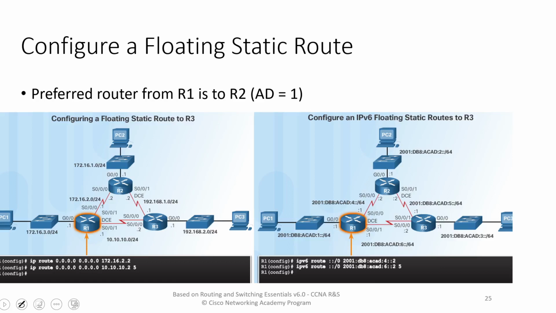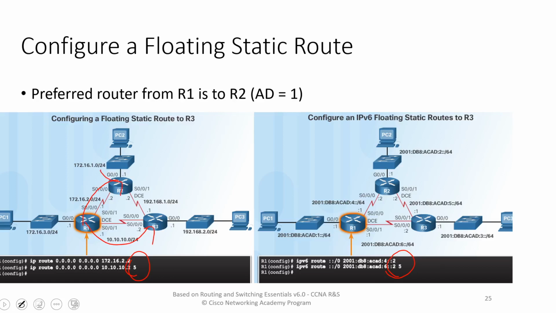Then when we want to configure floating static routes, both in the case of IPv4 or IPv6, the way that we specify that is by giving the administrative distance. In this case, we are giving an administrative distance of 5. Say for example, here router 1 can connect to router 2 or router 3, and our preference is connecting to router 2.